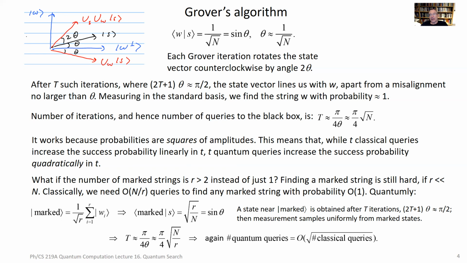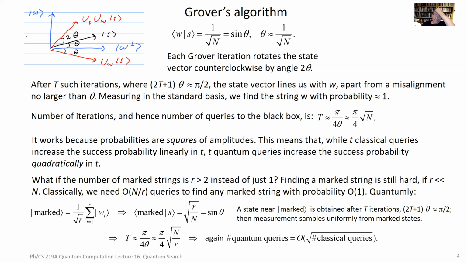If I were doing classical queries, one query after another, after I've done little t queries, the probability that I found the needle in the haystack is increasing linearly with t. But quantumly, I can get it to increase quadratically, because the amplitude is rotating by a constant angle every time.